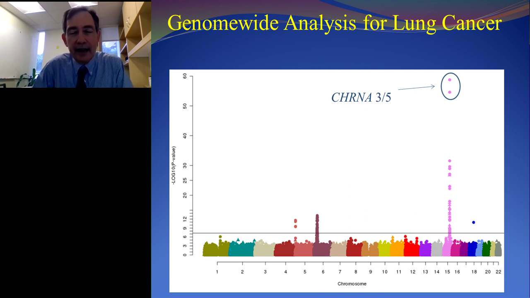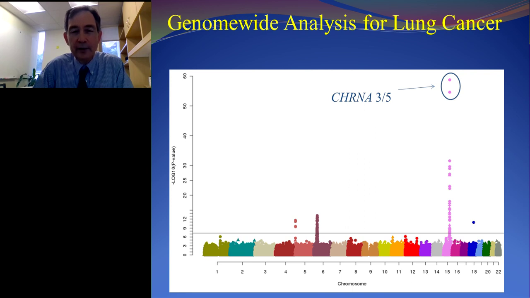At the time when these were identified, they were kind of the ugly ducklings of nicotinic acetylcholine receptors because they're expressed at relatively low levels in the brain and expressed at relatively higher levels in other tissues. So they weren't really the receptors that were being studied by most neuroscientists.